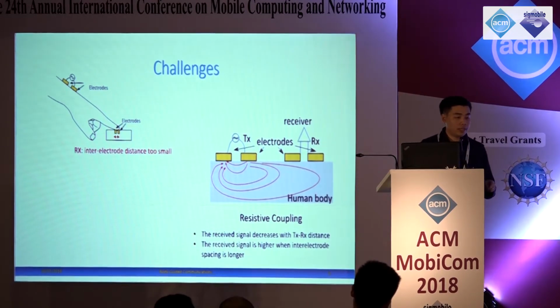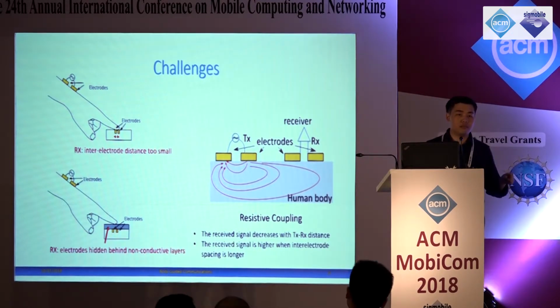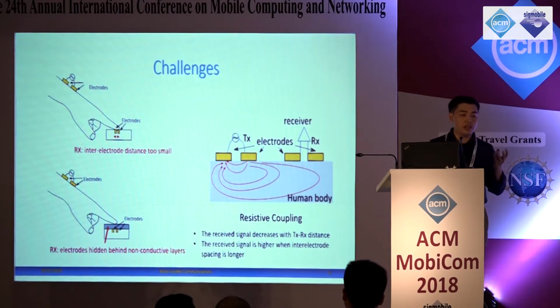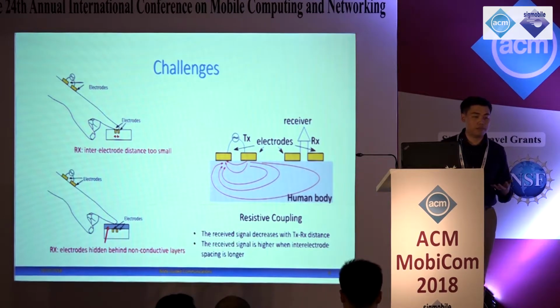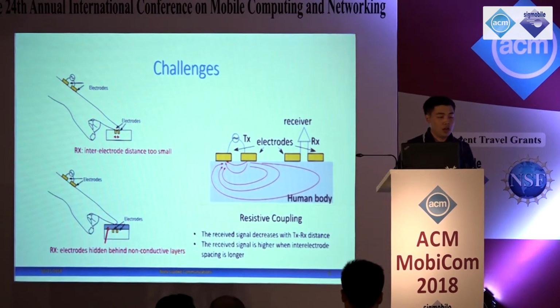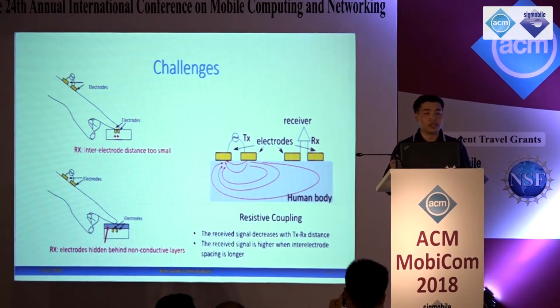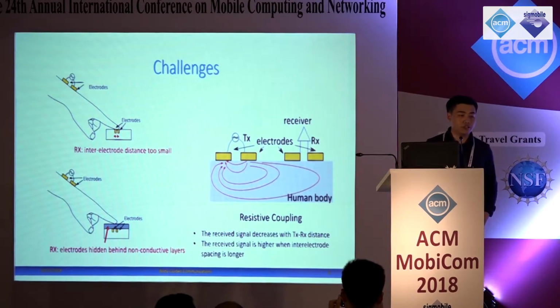The second point is that it is not desirable to have every touch surface made of conductive material. In many cases, it is easier to hide the electrode behind non-conductive layers, such as plastic and glass. That means that there is no direct skin contact for the electrode on the touch receiver with the fingertip.